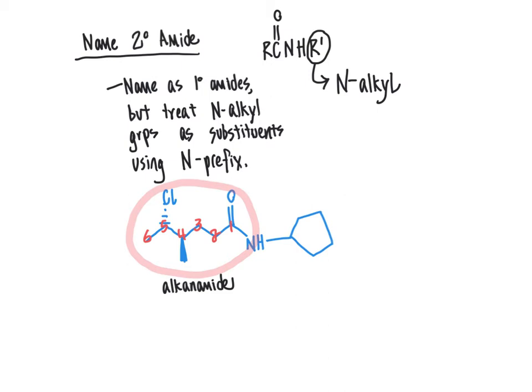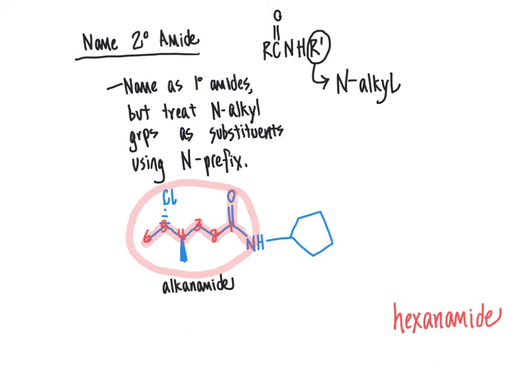Therefore, the parent name for this molecule, and I'm going to leave myself some space, so I'm going to start over here at the very right-hand side of the screen, is going to be hexanamide. Now, the term hexanamide is only referring to our 6-carbon chain, which I'm highlighting here now, as well as the carbonyl group and the nitrogen that's bonded to it, because that's what gives it the amide portion of the name.